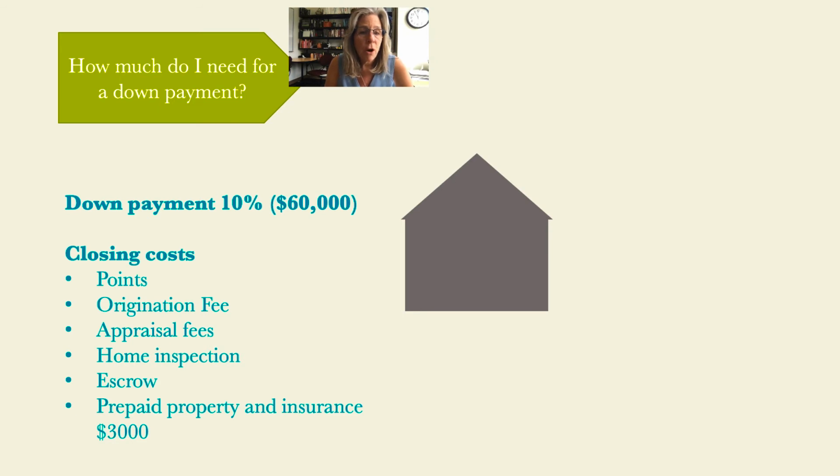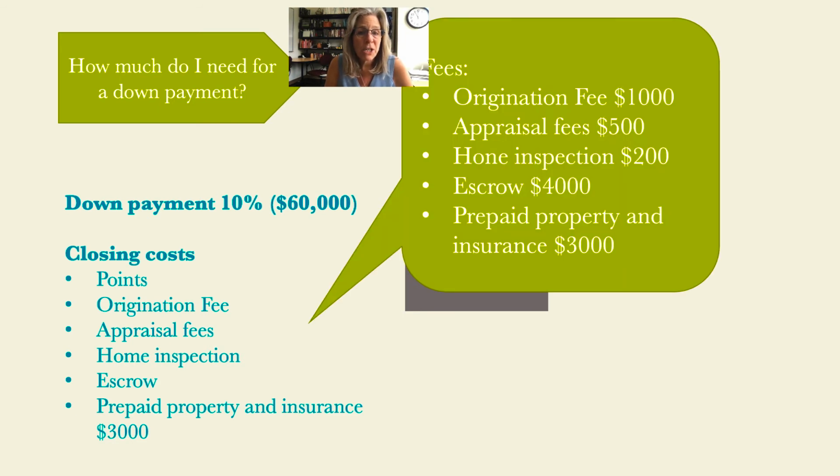When we look at all the other expenses, there's a bunch of other stuff that needs to be included: origination fees, appraisal fees, home inspection, escrow, prepaid property tax. You can look these up to see what they are, but there are several things you need to pay up front beyond just purchasing the house.